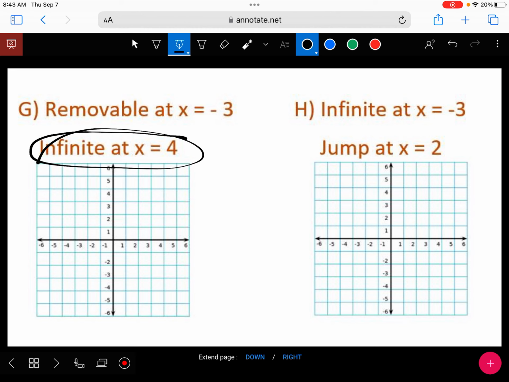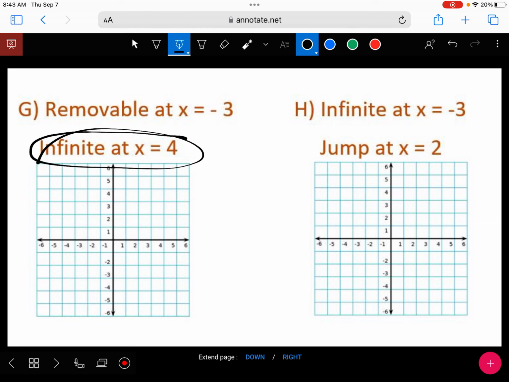The infinite should be at x equals positive 4, which is over here. We got a lot of arrows happening here.